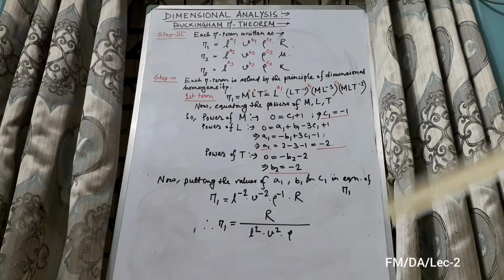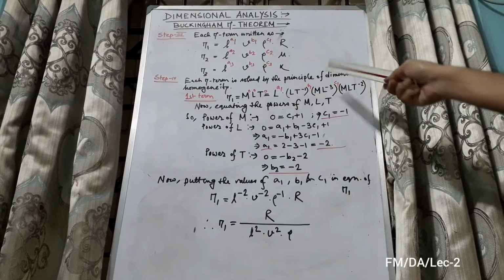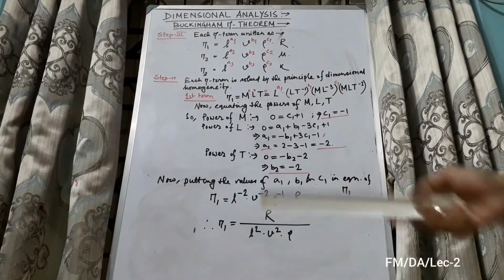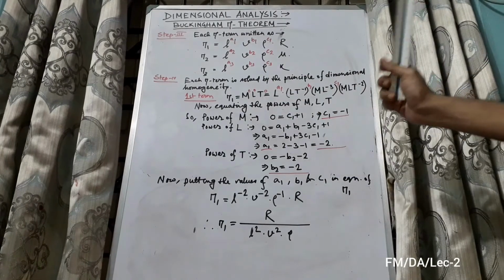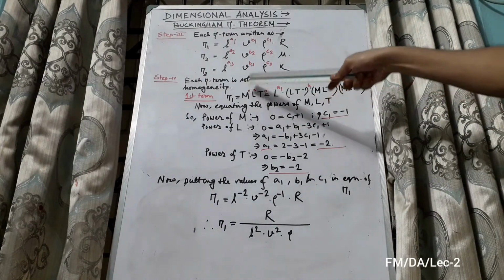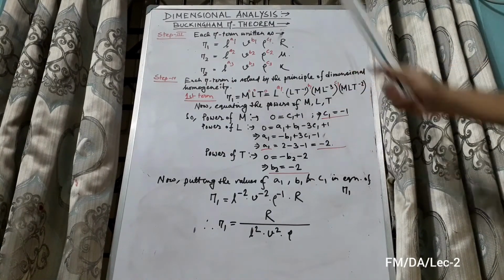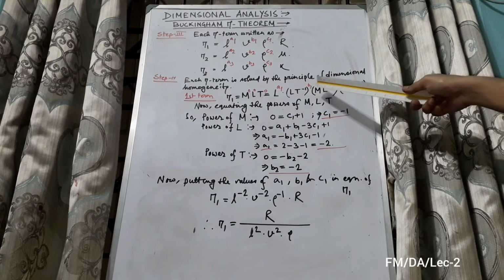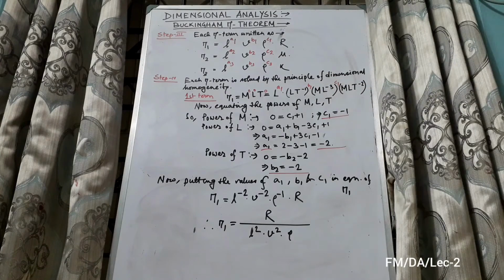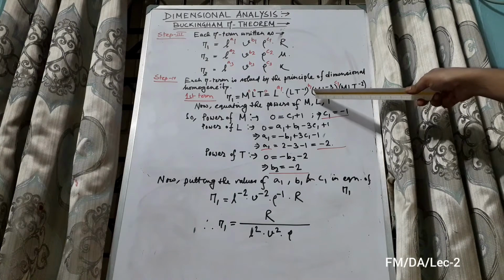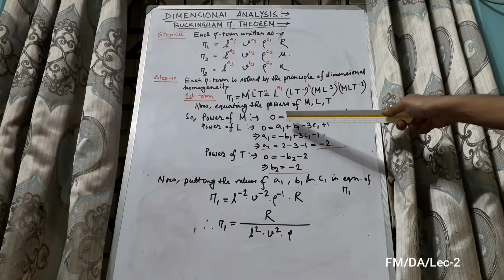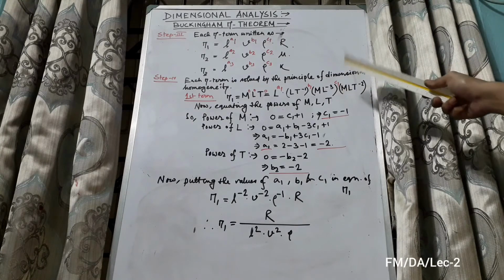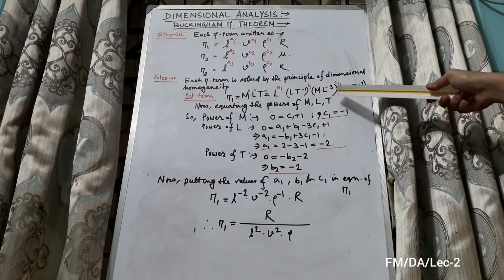Now we equate the powers of M, L, T. At first we consider the power of M. On the left hand side the power of M is 0, so we put 0 here. On the right hand side the power of M is C1, and then there is another M where the power of M is 1.